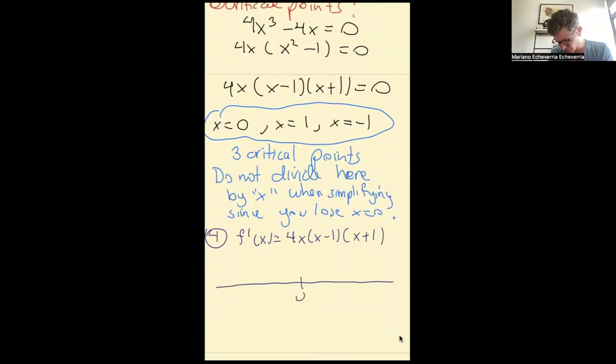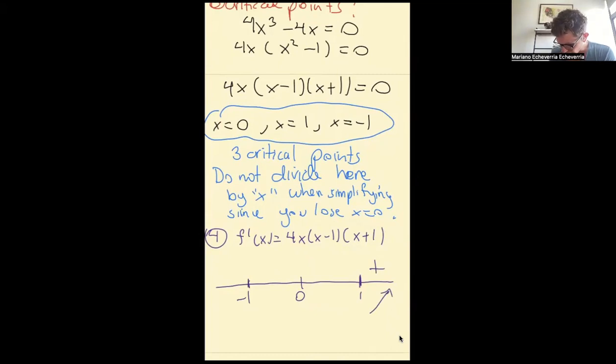You put 0, 1, -1. And you have to test some values. For example, if I choose a value 2, the first derivative will come out as positive. Sorry, I'm not sure why I said the second derivative. So that means that the function is going to be increasing.